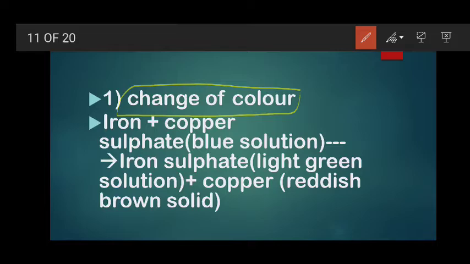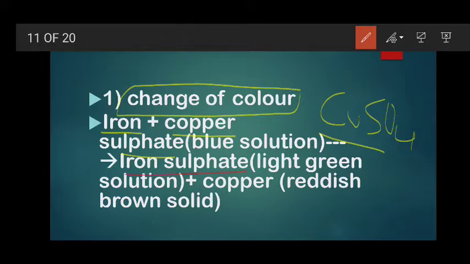For example, you can see here iron and copper sulfate. Copper sulfate is a blue solution, means the color of copper sulfate is blue. When a few pieces of iron are dropped in a blue solution of copper sulfate, its blue color slowly changes into a light green solution of iron sulfate.